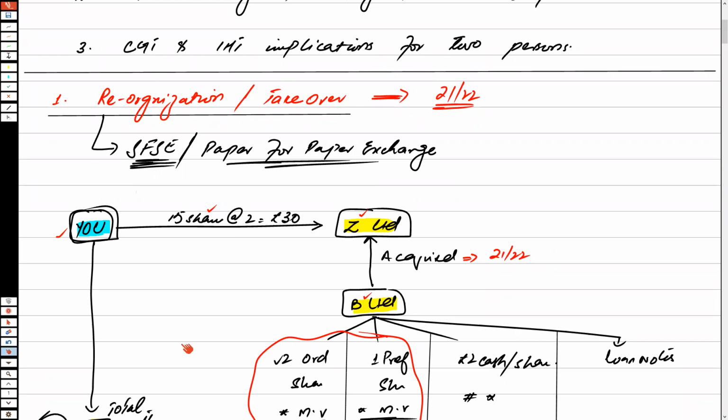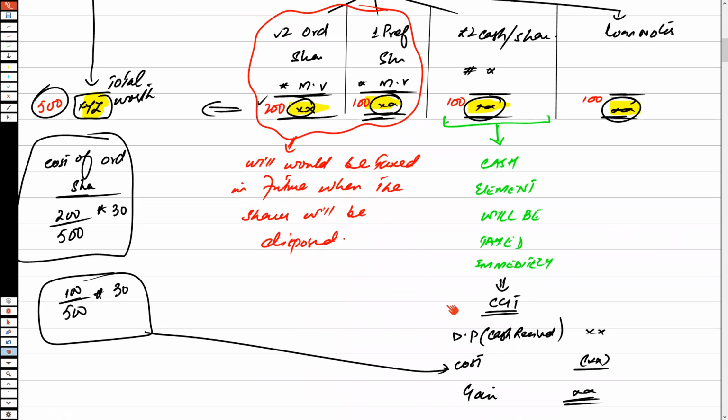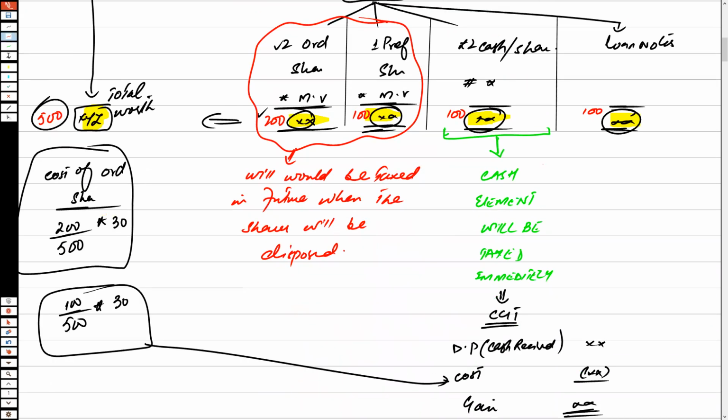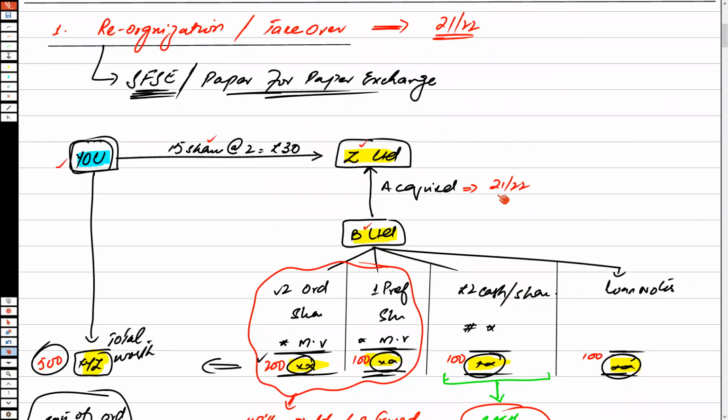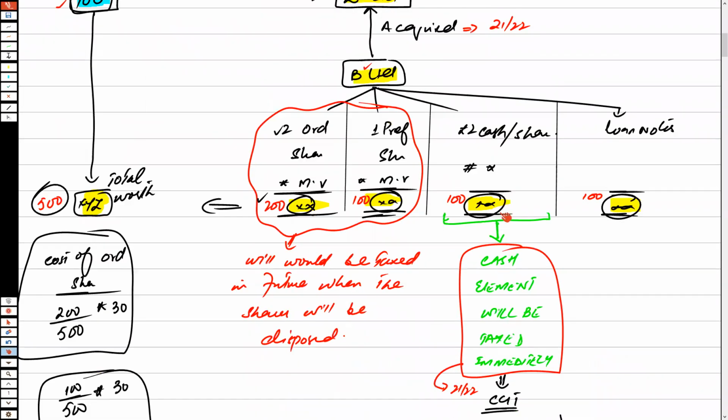At the time of reorganization or takeover, as we marked, this cash element will be taxed immediately. So it means a capital gain tax will be calculated in the year in which the transaction was held, that is basically fiscal year 21-22. For sure this cash element will be taxed in the same fiscal year in which this transaction was held.